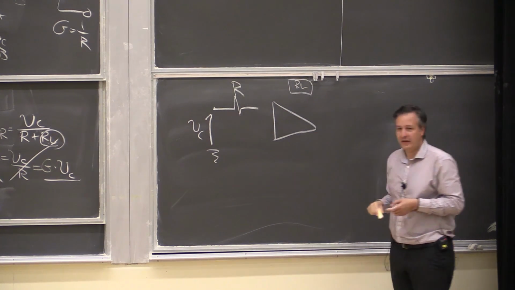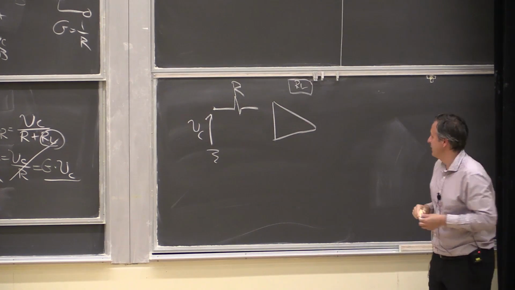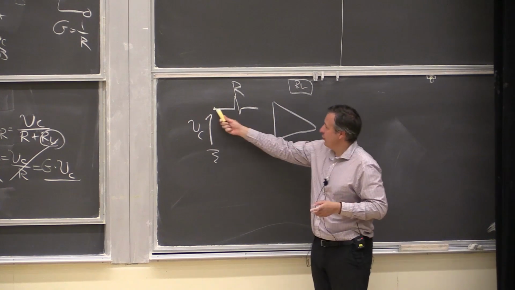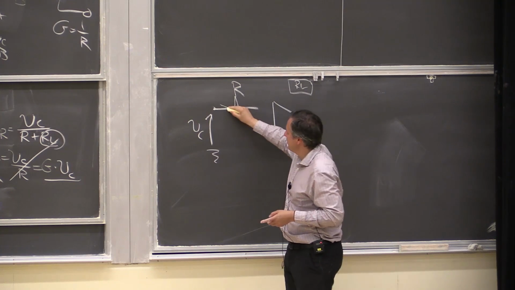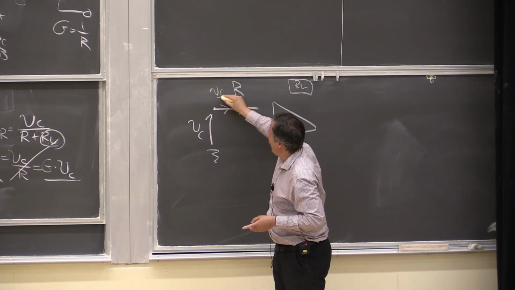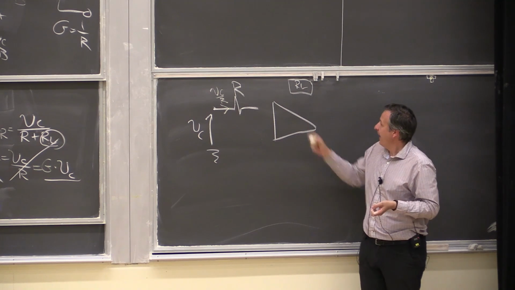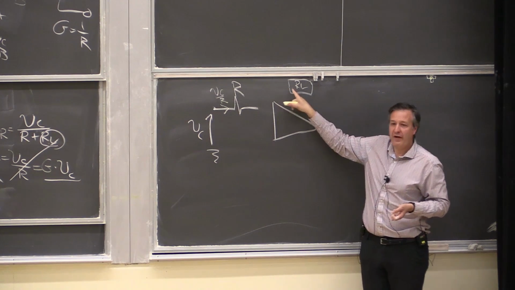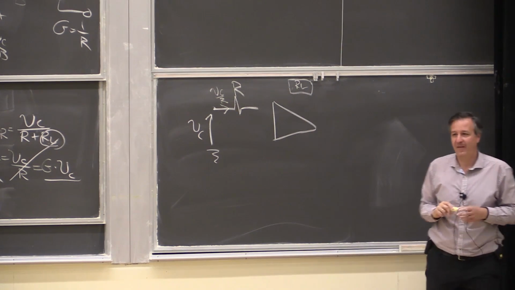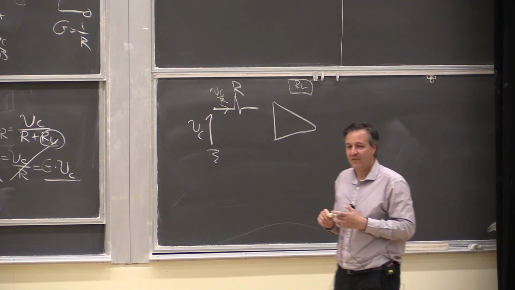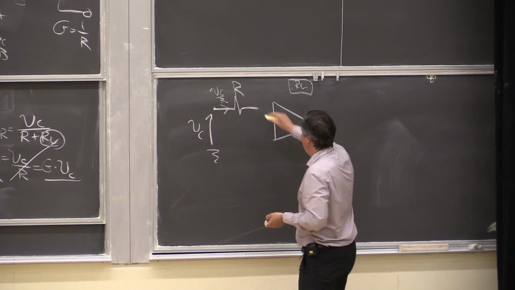How should I connect all these elements to make sure that the current that flows through R is VC over R? That's the current I want. And then that current also flows through RL. You've seen this circuit before. It's an inverting amplifier, right?